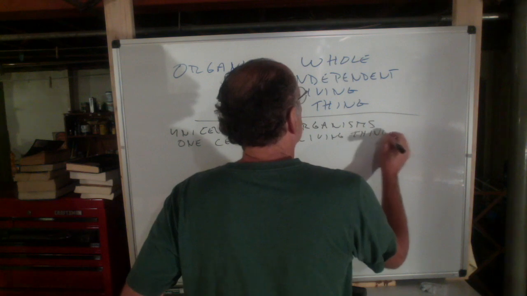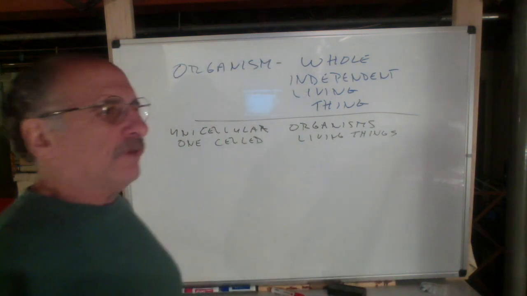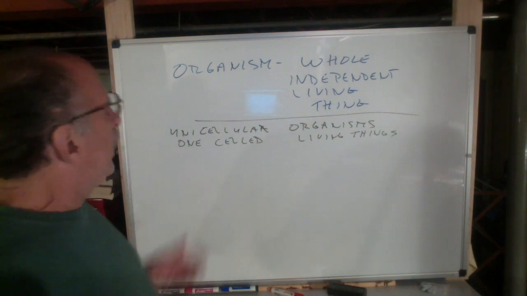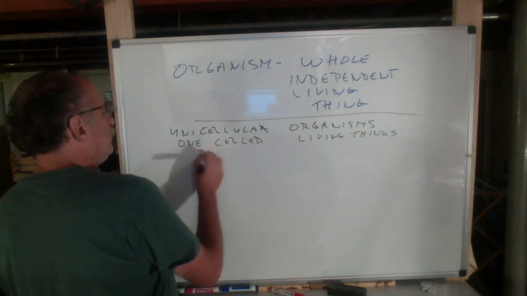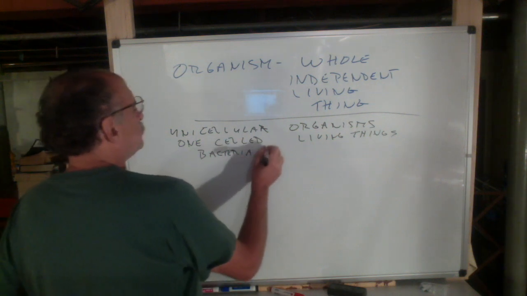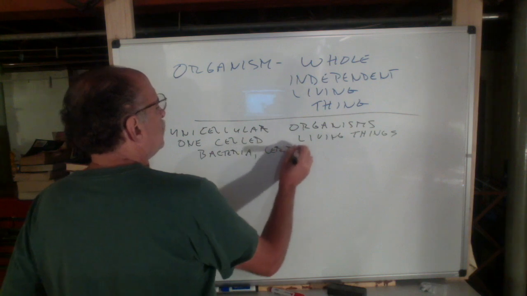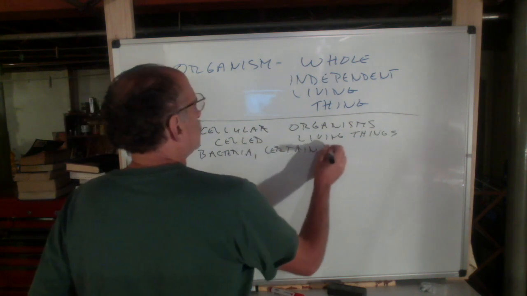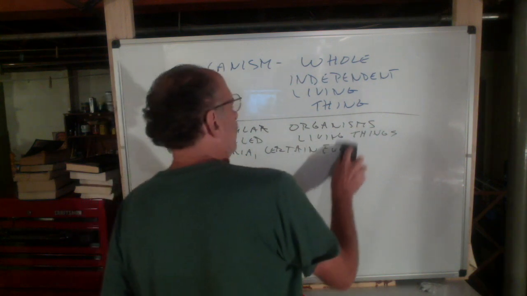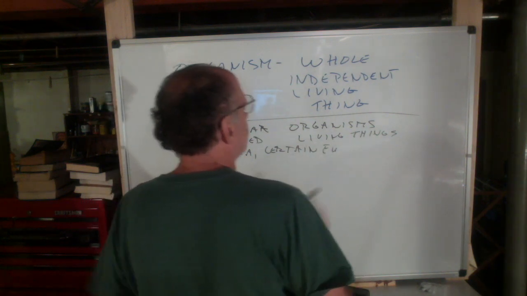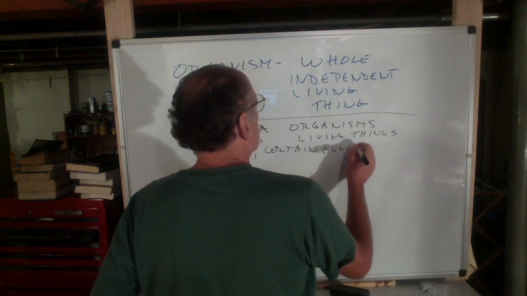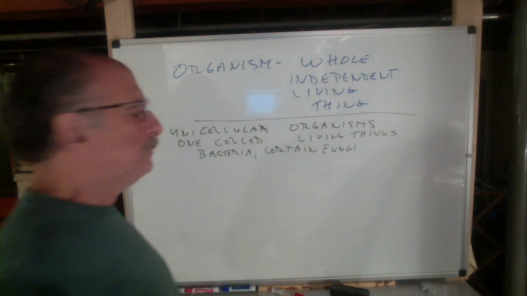So there's two broad categories of organisms, and bacteria would be unicellular, certain fungi, plural for fungus. Mushrooms are not unicellular, but certain mushrooms are fungi. They don't happen to be unicellular.